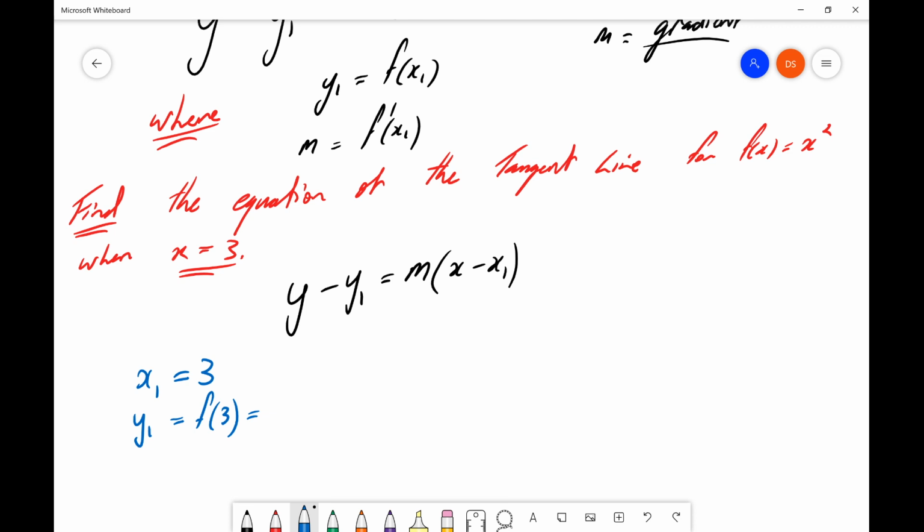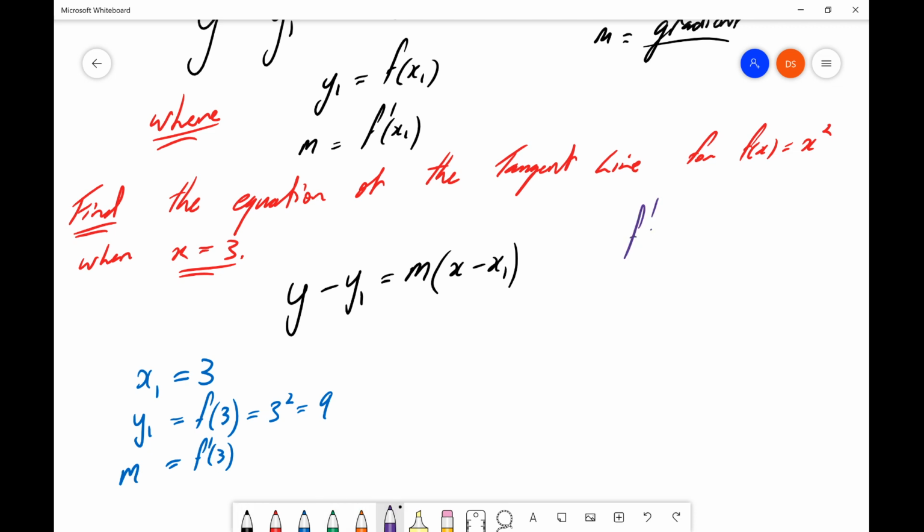F of x1, so this is 3 squared, so that is 9. So x1 is 3, y1 is 9. What about m? M is going to be the derivative at 3. So first off, we need to go find the derivative. So let's go do that over here.